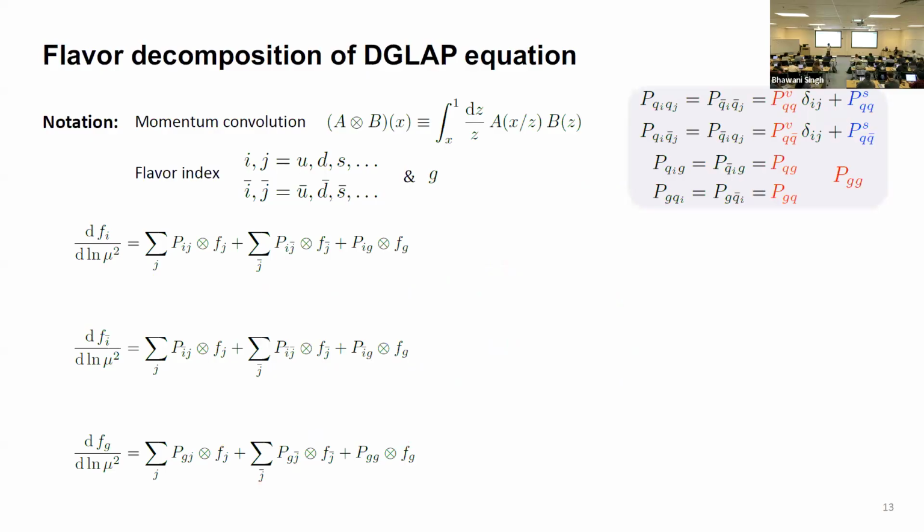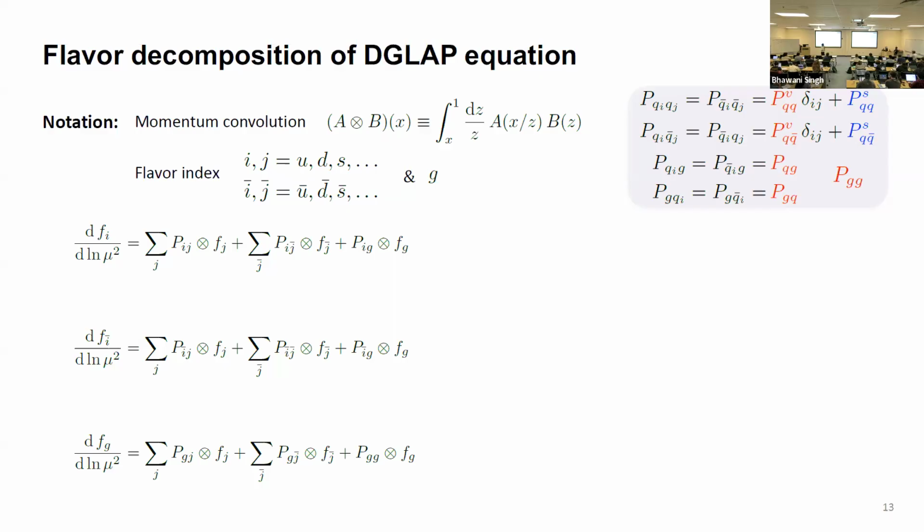So now, we can use these 7 independent kernels to rewrite the DGLAP equations. And to simplify all this notation, I introduce an abbreviation. The convolution between A and B just means this, and it satisfies the associative law.